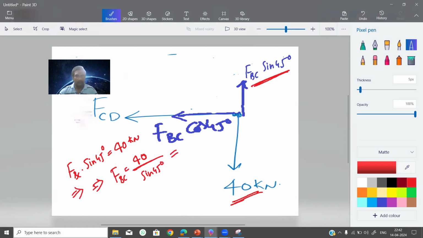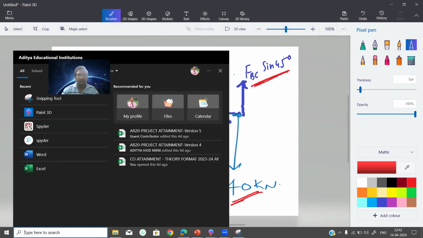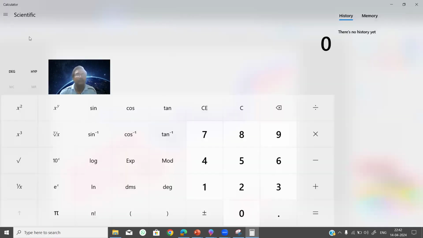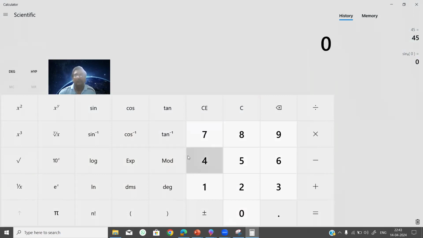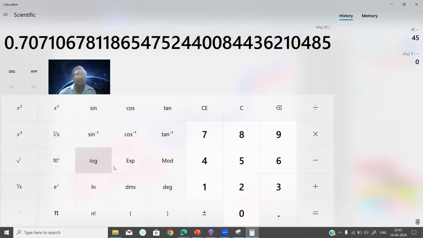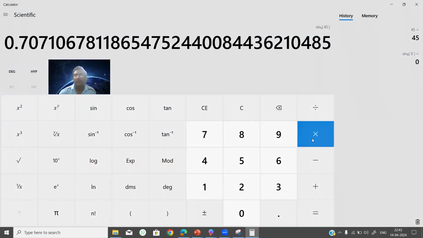Okay. Now what's the value? So I will go to the calculator. 40 divided by sin 45. So initially I will go to sin 45. Okay, sin 45 is 0.707.